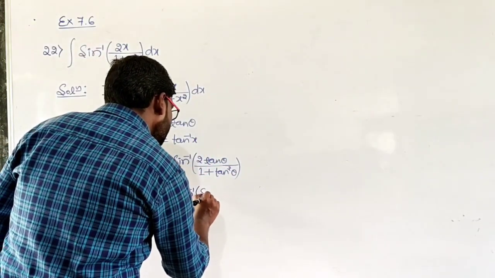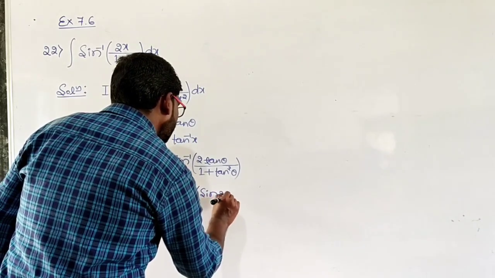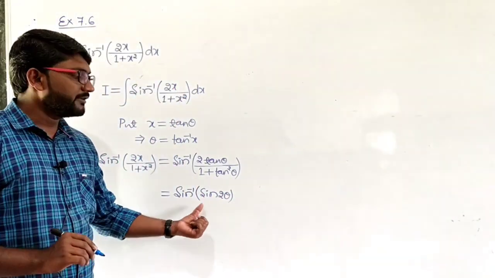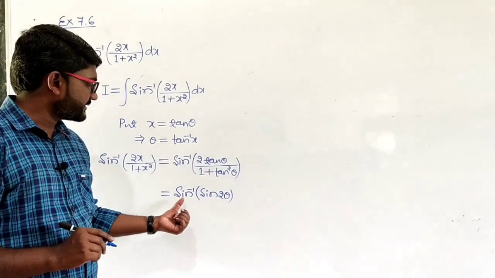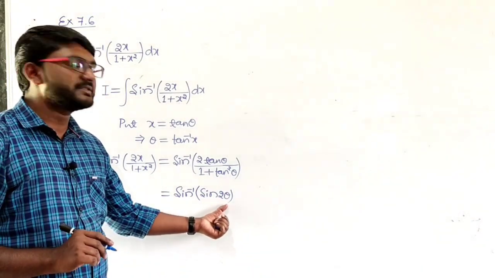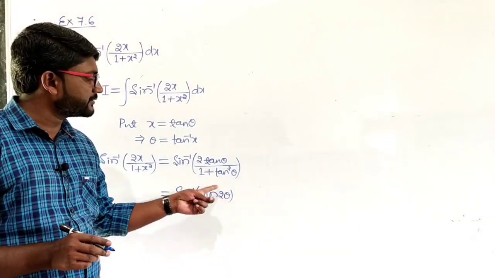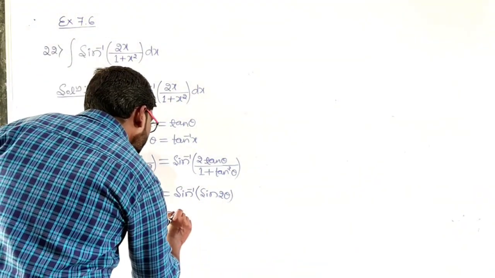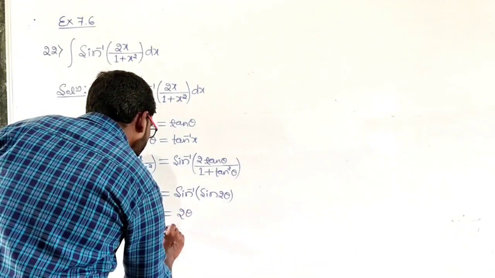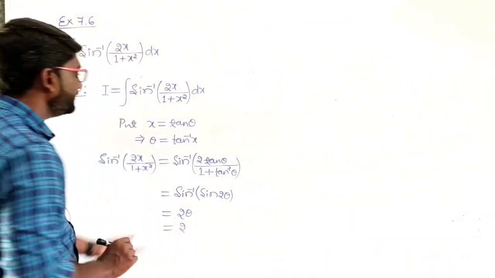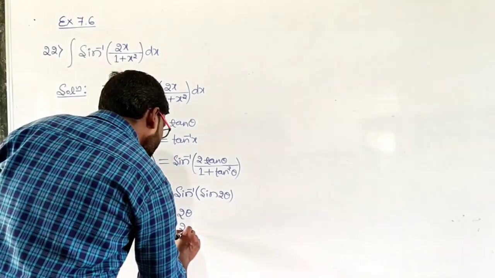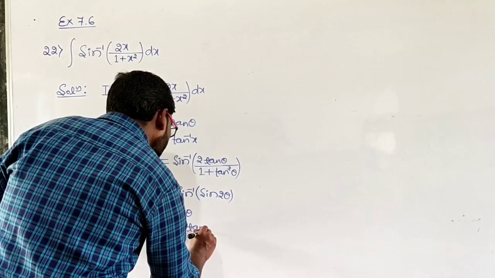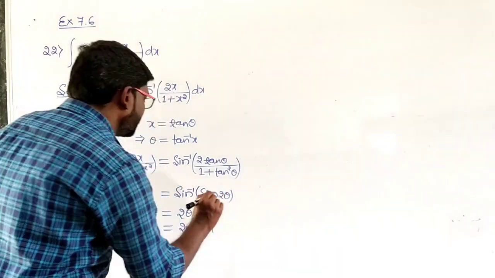Then now it is inverse trigonometric functions concept. Sin inverse sin x is equal to x. Here x is going to be 2 theta. So now this becomes 2 theta. So what is theta? 2 into tan inverse x.